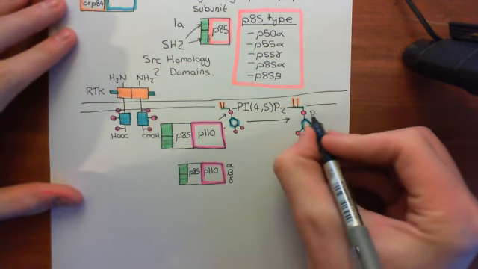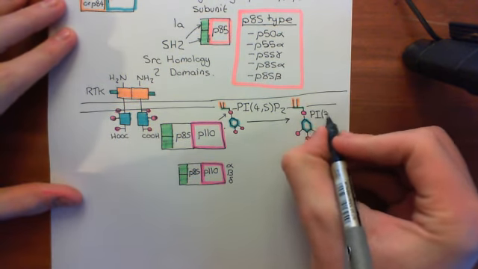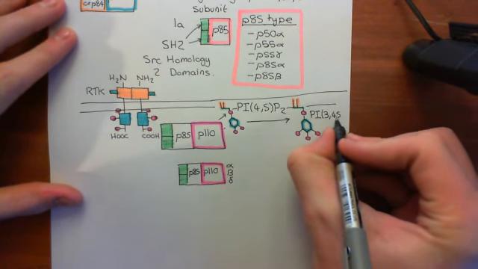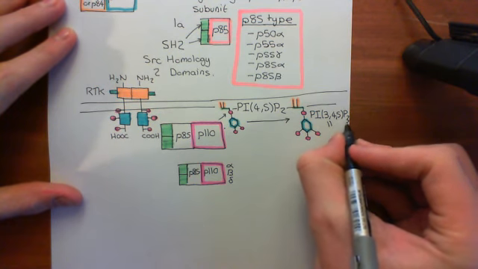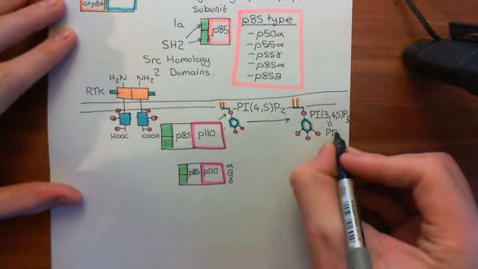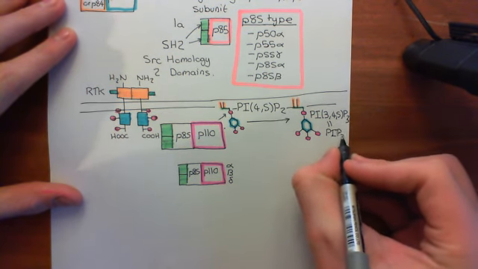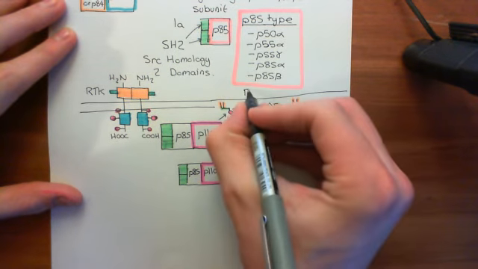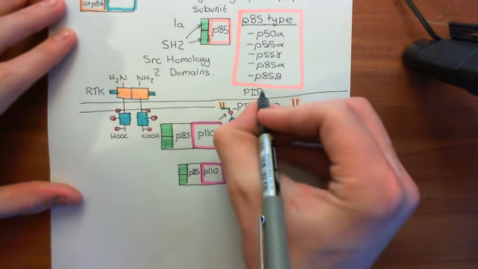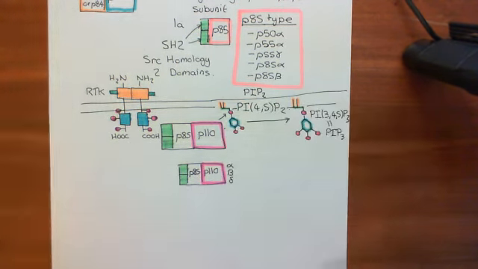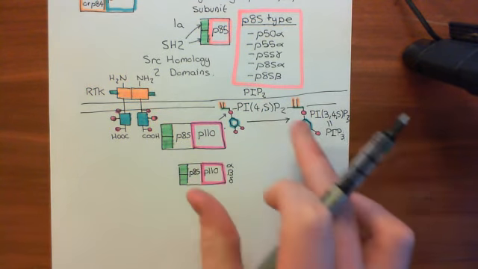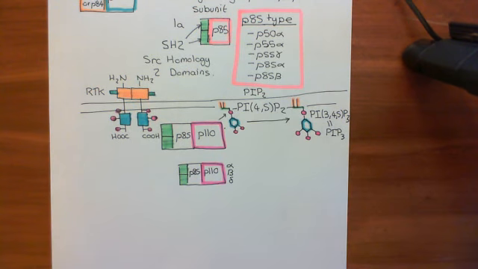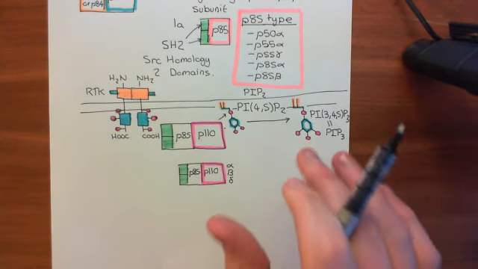So this is phosphatidylinositol 3,4,5 trisphosphate, and these two are so famous that you can get away with just abbreviating them to PIP3 for PI345P3 and PIP2 for PI45P2.